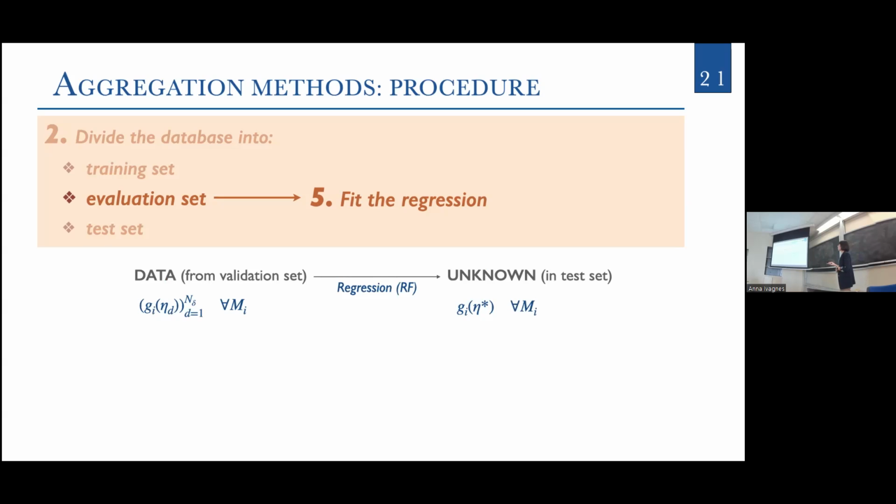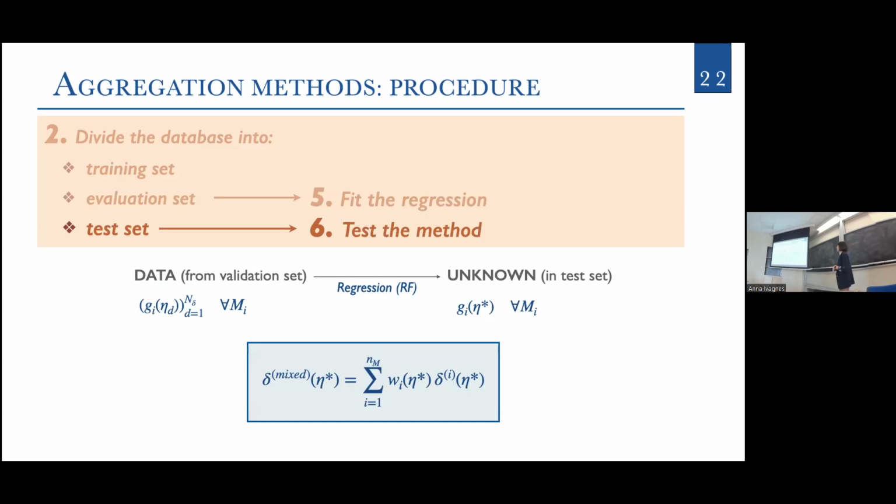And so we consider this data, the Gaussians in our evaluation validation set, and then we fit the regression and we use it to compute the Gaussians also for an unseen parameter. And finally, also in the test set, you have basically the same expression, but with these weights computed with the regression.